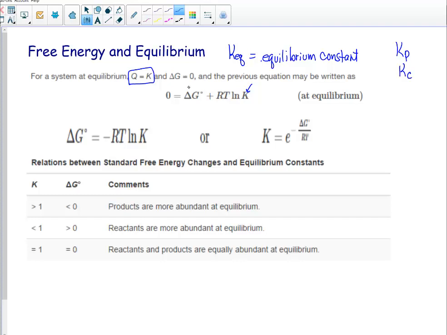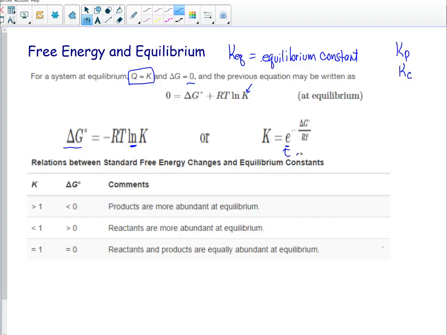And we know that the value of 0 is given to that Gibbs free energy. So the standard state Gibbs free energy can be set equal to negative RT ln K. And remember, the opposite of natural log is Euler's number. So to rearrange that equation, the equilibrium constant is equal to Euler's number.